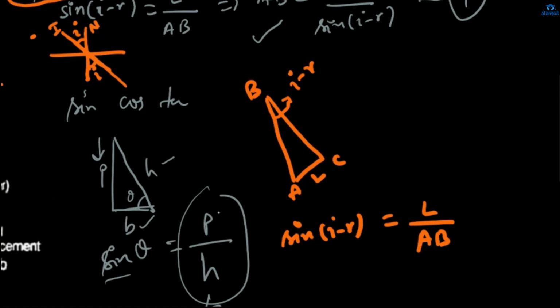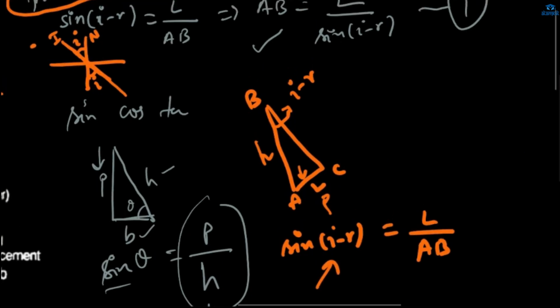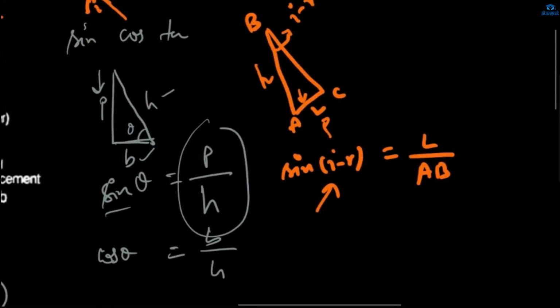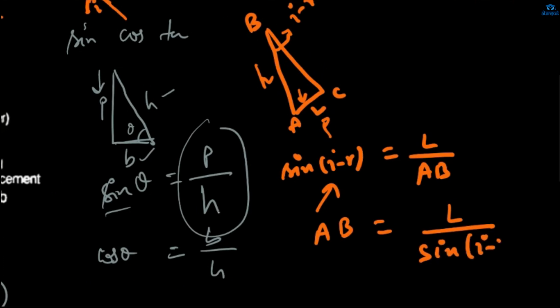If you are considering angle B, then the perpendicular will be L. So it will be L by AB, because AB is the hypotenuse and L is the perpendicular. So P by H is L by AB. So sine I minus R is L upon AB. So for AB we have got L upon sine I minus R.